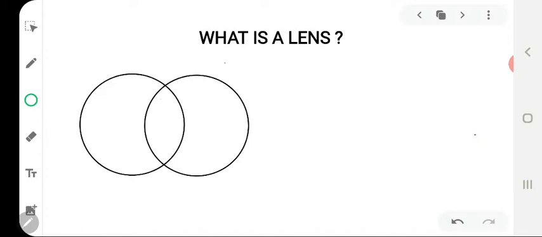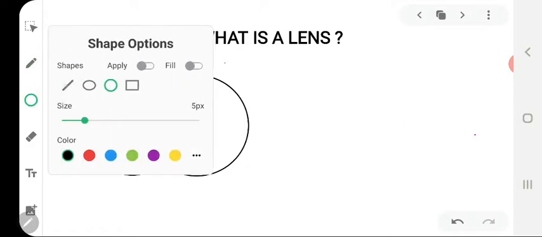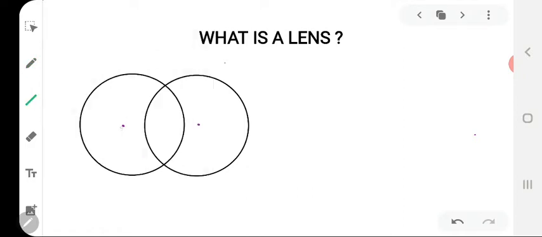So obviously the portion of intersection, as you can see, is that of a convex lens. If we are joining the centers of both these spherical surfaces, we can write down the first one to be C1 and the second one to be C2.